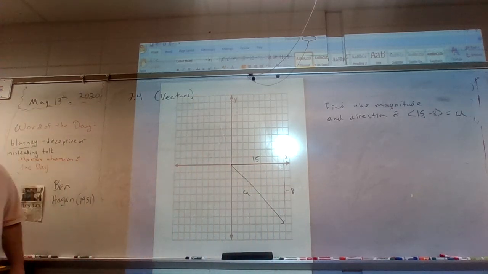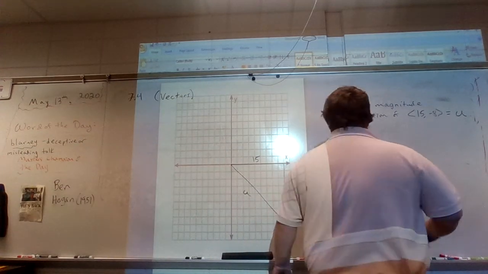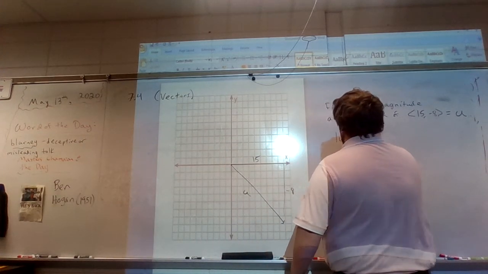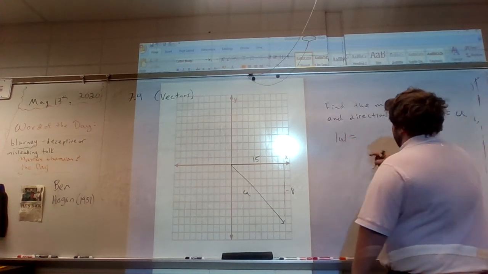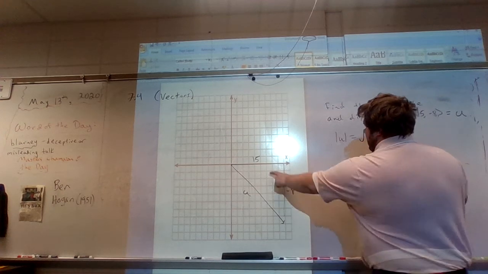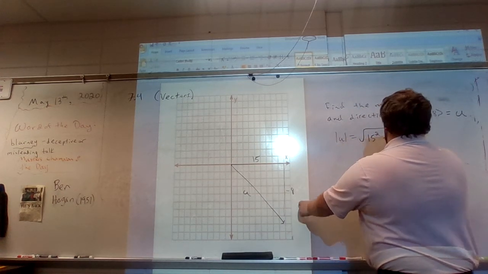So when I'm talking about the magnitude of U, that's a simple formula. That's like finding our R that we talked about earlier in the course. So that is just the square root of this A squared plus B squared. So square root of 15 squared plus -8 squared.